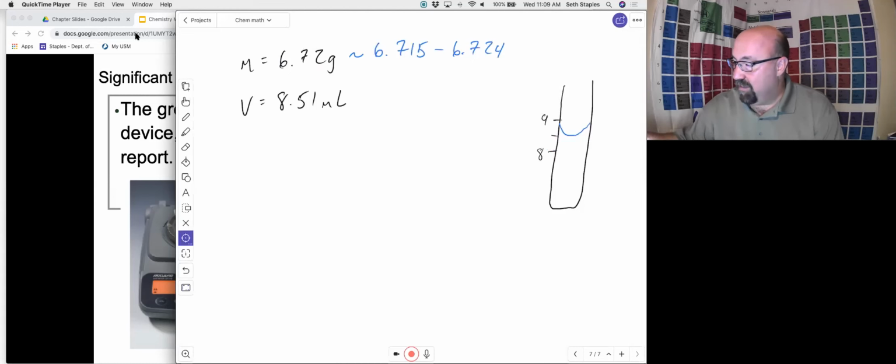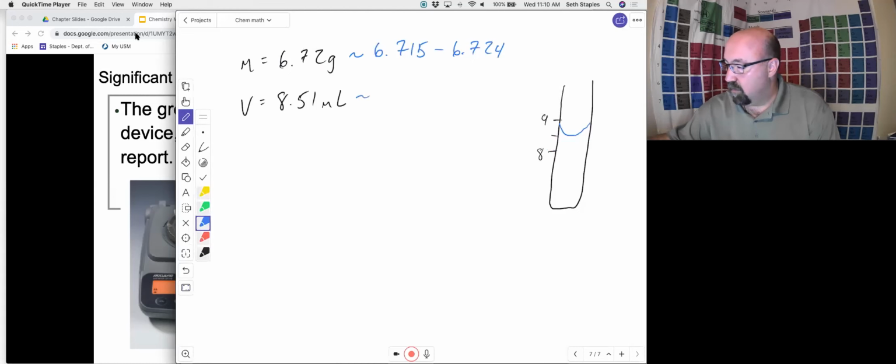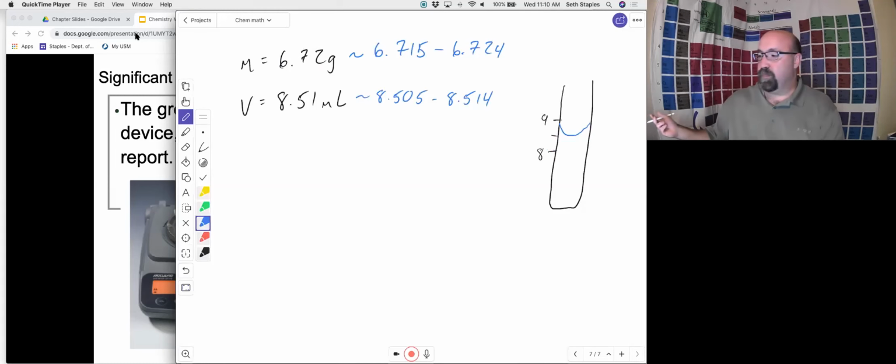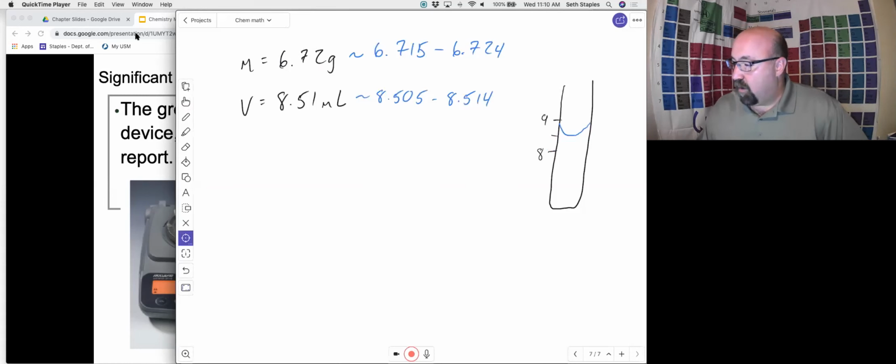And so realistically, that tells us that our measurement is really anywhere between 8.505 milliliters to 8.514. Any volume measurement within that range is going to give us a volume of 8.51. And so keep that in mind. We're going to return to these numbers here in just a second.